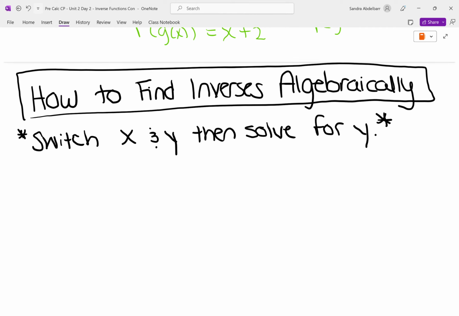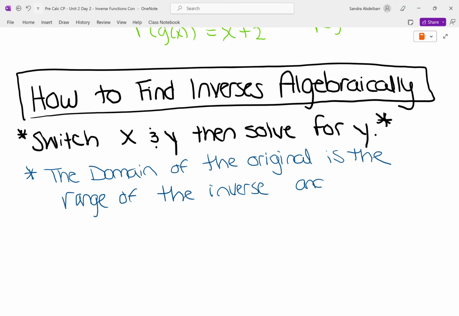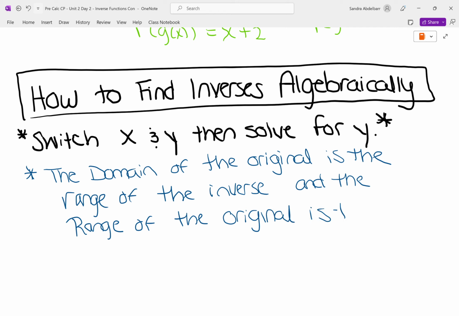And also we're going to put a note. The domain of the original is the range of the inverse, and the range of the original is the domain of the inverse.